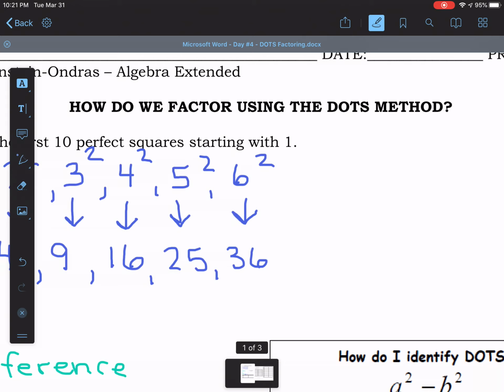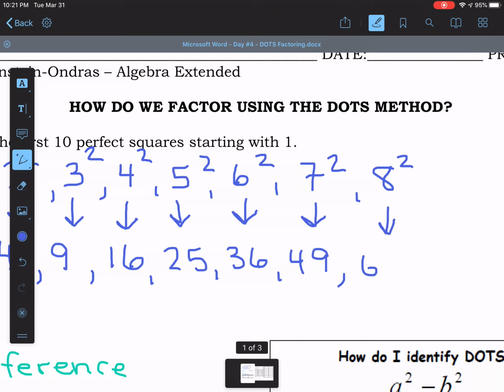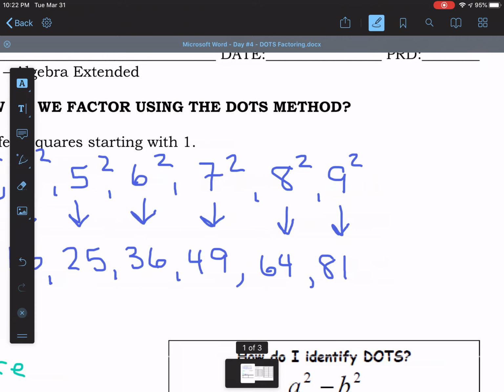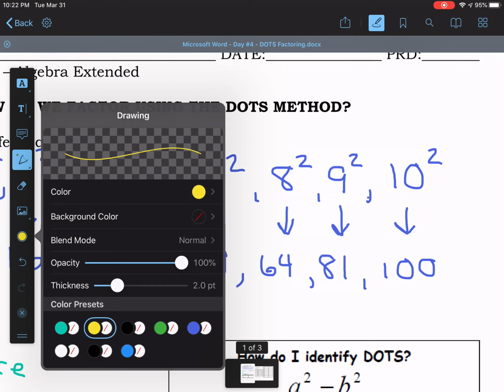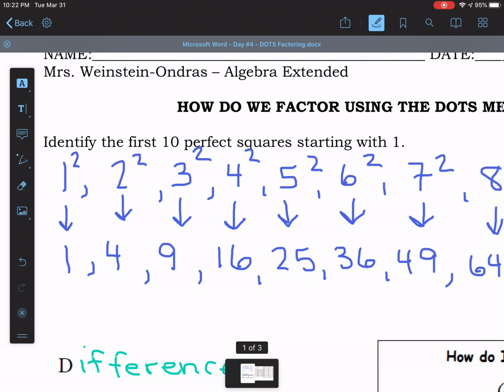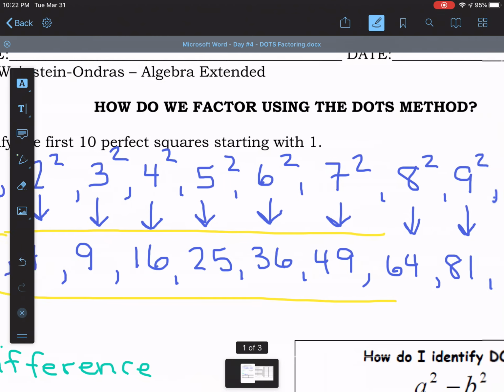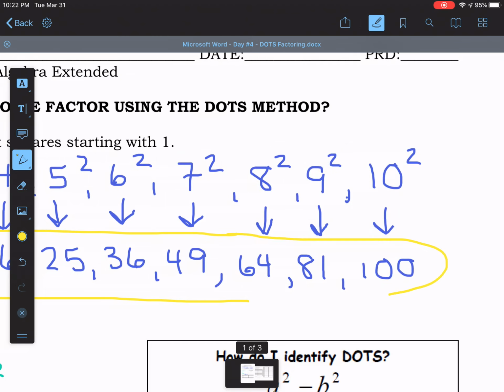So 4 squared is 16. 5 squared, 5 times 5 is 25. 6 squared, 6 times 6 is 36. 7 squared, 7 times 7 is 49. 8 squared, 8 times 8 is 64. 9 squared, which is 9 times 9, is 81. And lastly, 10 squared, which is 10 times 10, is 100.